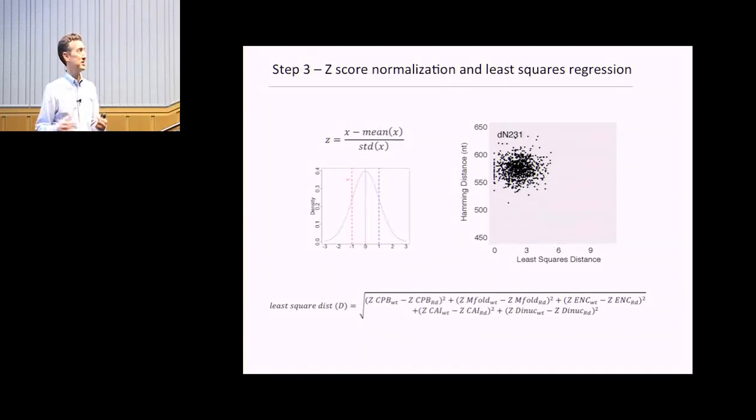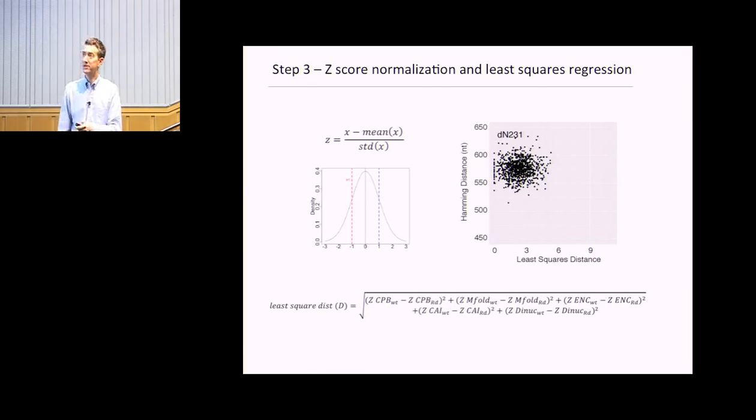The advantage of this is it normalizes across scales and values into a single metric that you can use. And then we did a least squares regression to say, okay, across codon pair bias, folding free energy, effective number of codons, codon adaptation index, and dinucleotide frequency, which of these 4,000 sequences is the closest by delta z across all those delta z scores, okay?